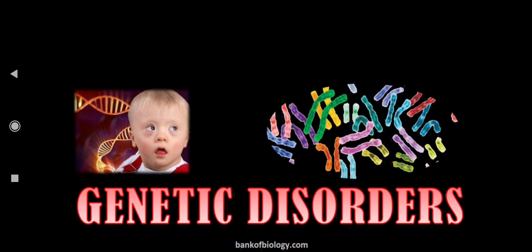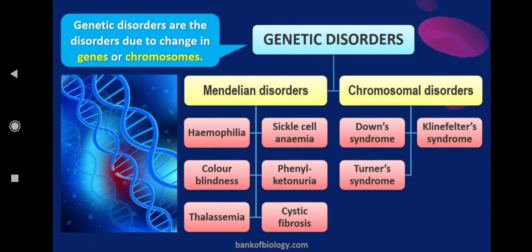Genetic disorders are the disorders due to change in genes or chromosomes. There are various kinds of genetic disorders. Mainly these genetic disorders are classified into two, based on whether the change takes place in the gene of the genetic material or in the chromosome. If the disorder takes place in the chromosome, it is known as chromosomal disorder. If the genetic disorder takes place in the gene, then it is called Mendelian disorder.